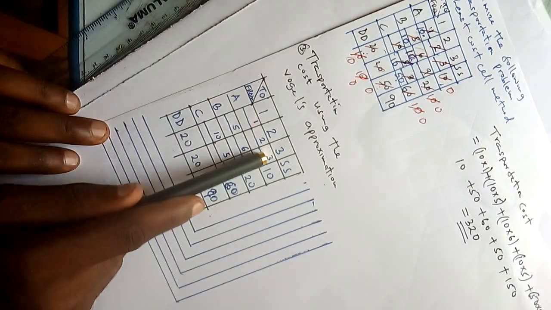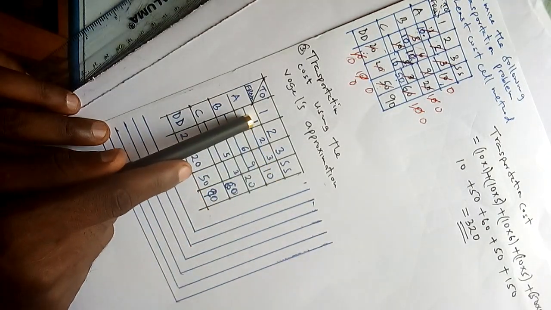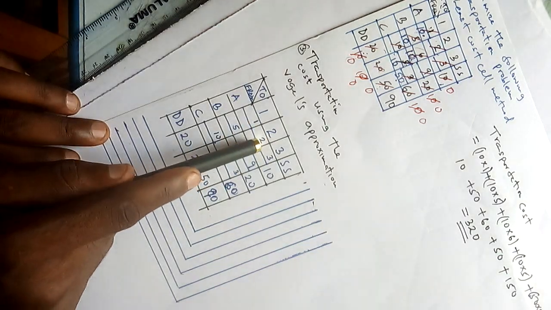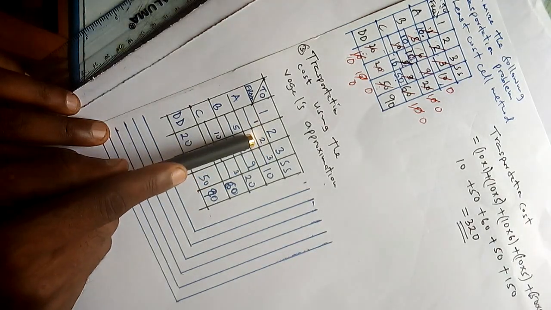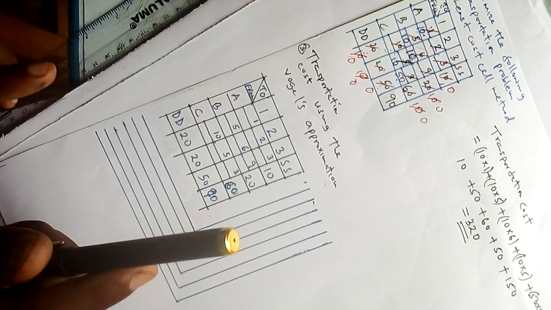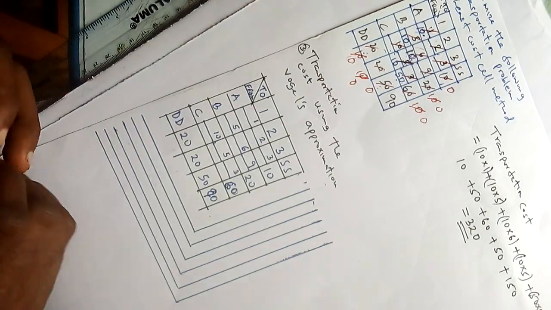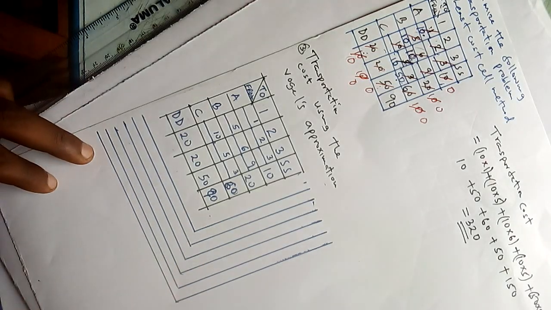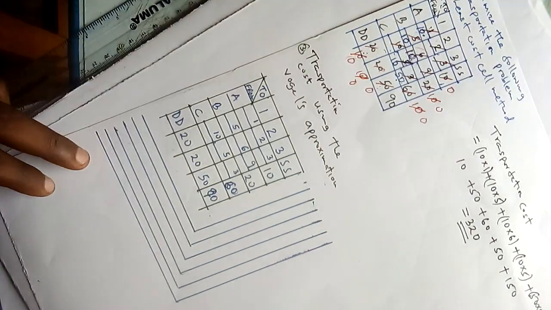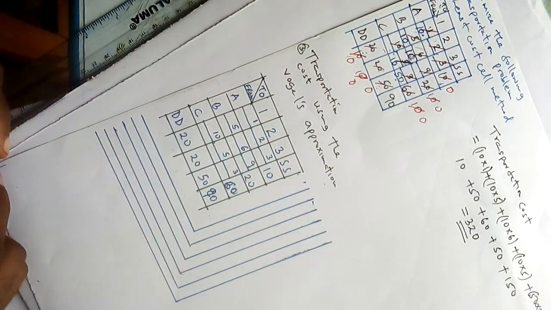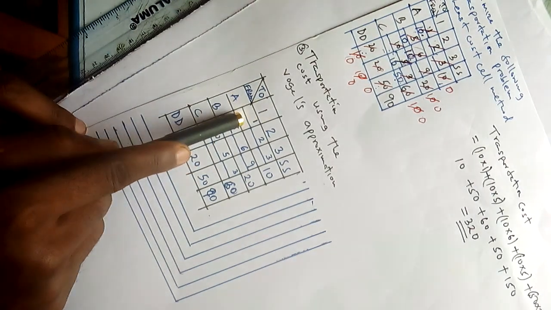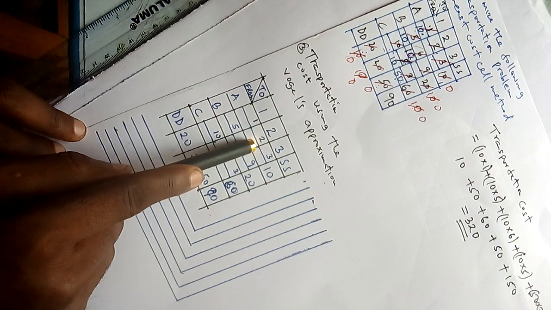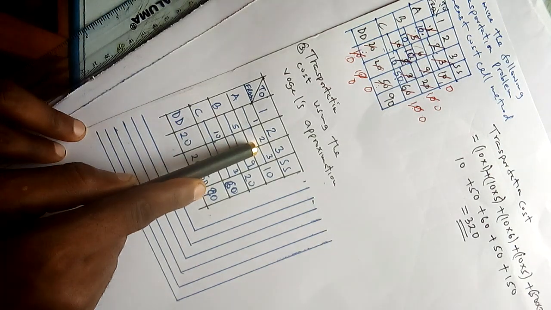So we are going to start by reducing the rows. So reducing the rows, we are going to identify the least penalty and the second least penalty. Then we get the difference. So the least penalty here is 1 in the first row. In this row, the least penalty is 1, the second least is 2.